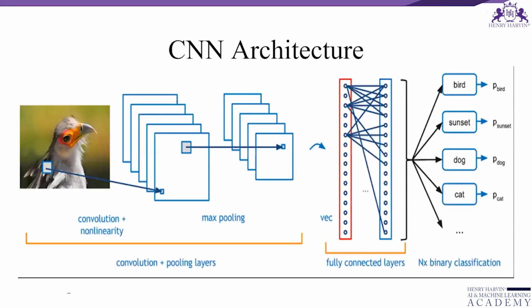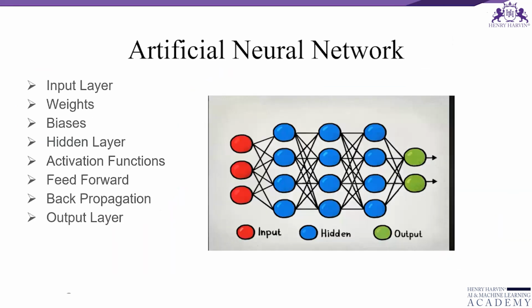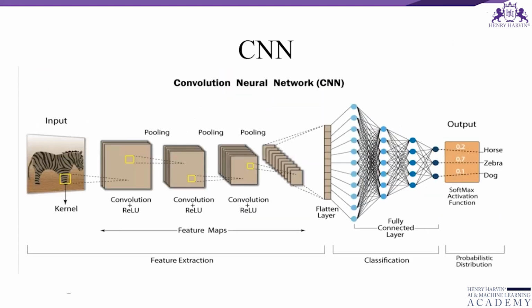Let me give you a recap on it. First is the input image, and then we have the kernel. When we combine these, we get the feature map. That's what we have studied. Here is the convolution, where we convolve with the help of ReLU.